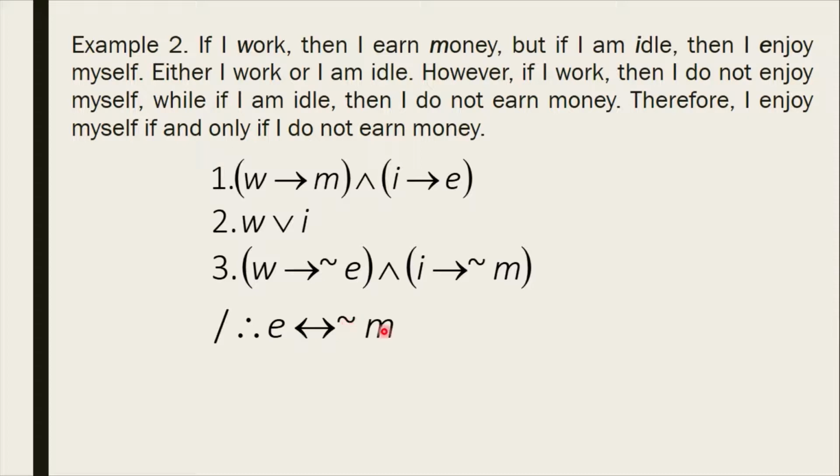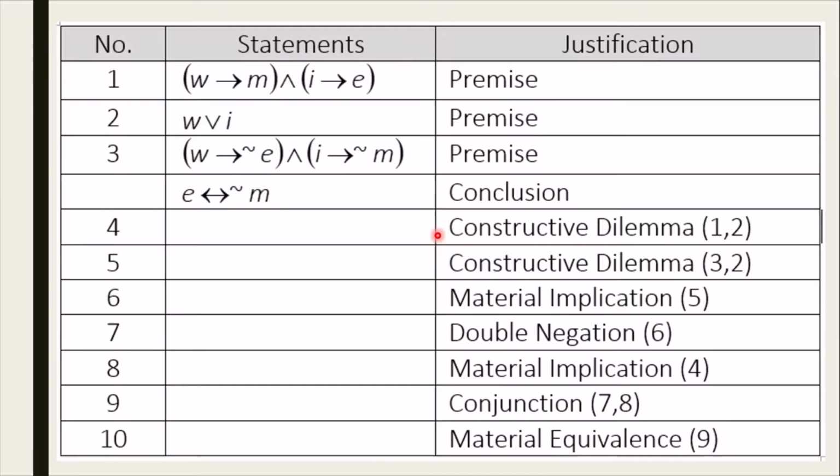Then we have not M because of "do not." Now again, using our formal proof, we have this table, and I have provided you already the different justifications and the steps here so that we can just arrive at the conclusion for each premise.